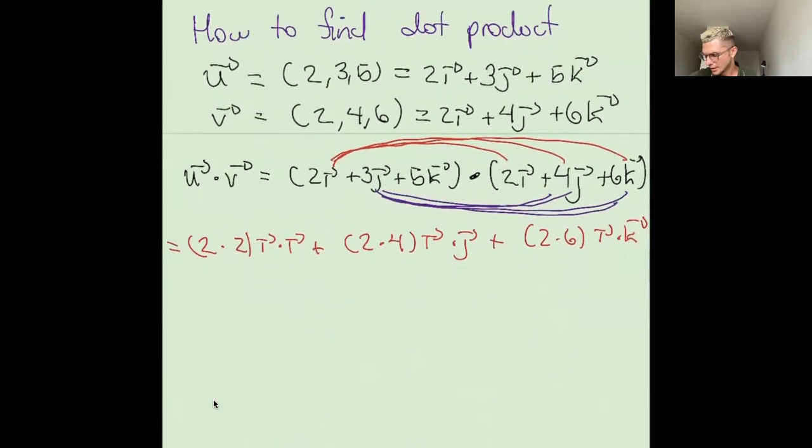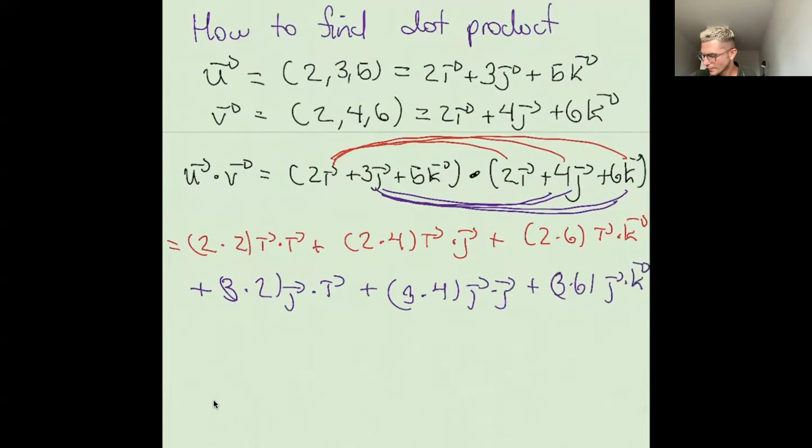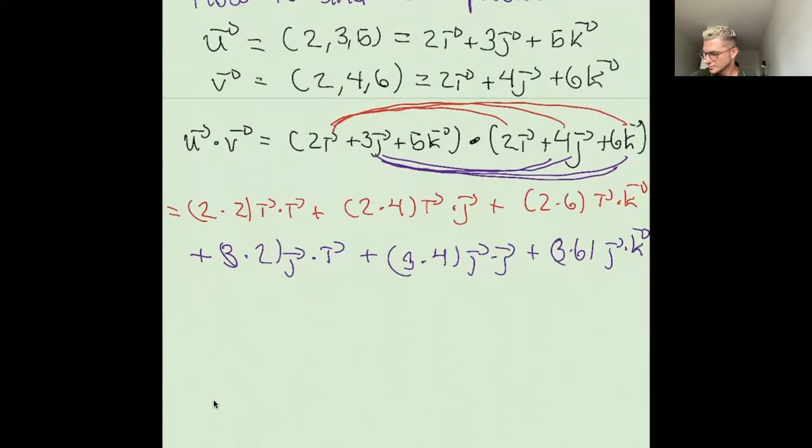Here, let's put the other one. Then you put 3 times 2 j dot i plus 3 times 4 j dot j. This is one of those things that one does one time in your life, and then you never do this again. But it's for people to see how the actual formula pops out.